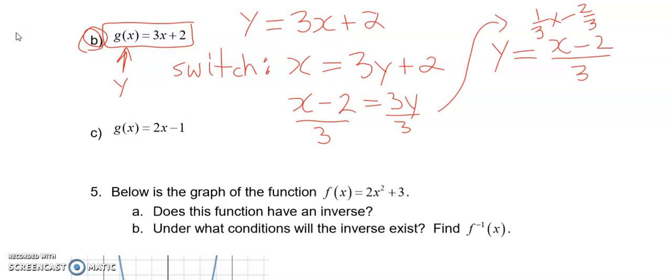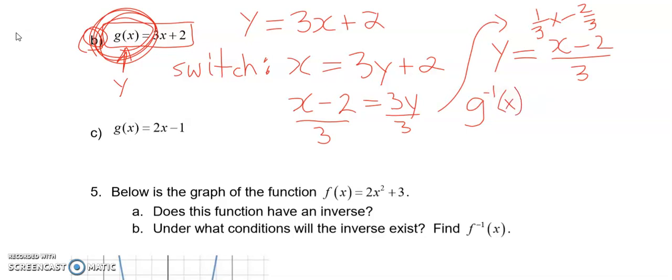Okay? Now, you're not quite finished yet, though. That is your inverse, but remember, you have to express it using inverse notation. The original function was called g of x. So the final step, and this is a very important step, this is vital, change that y into g inverse of x.